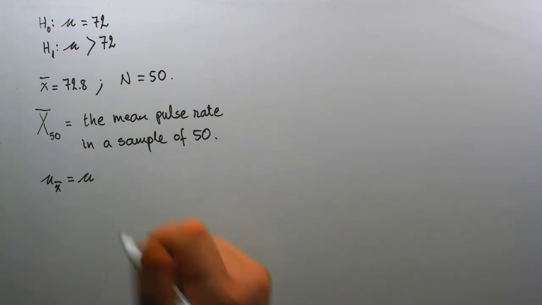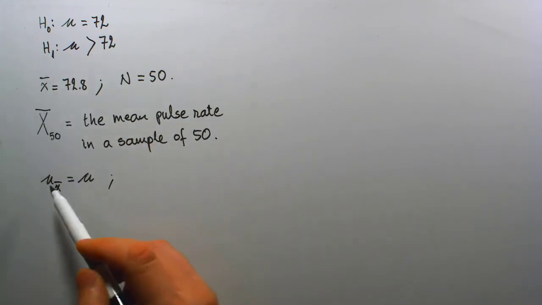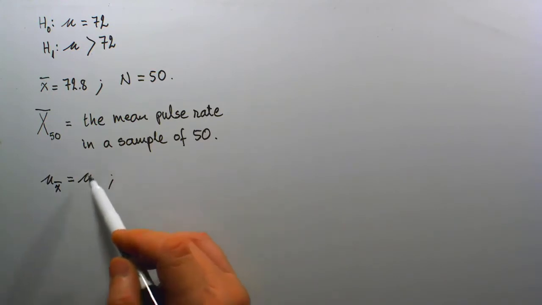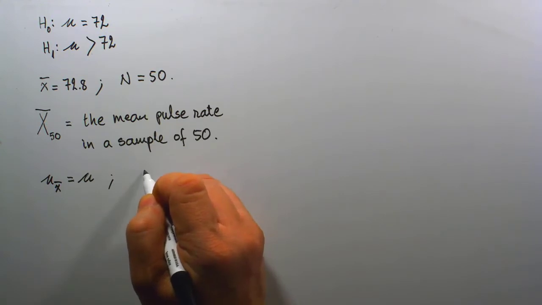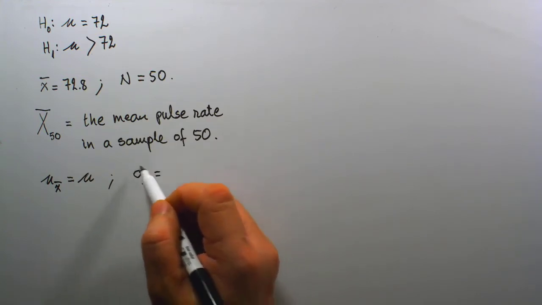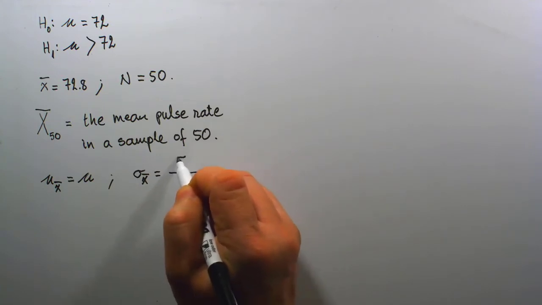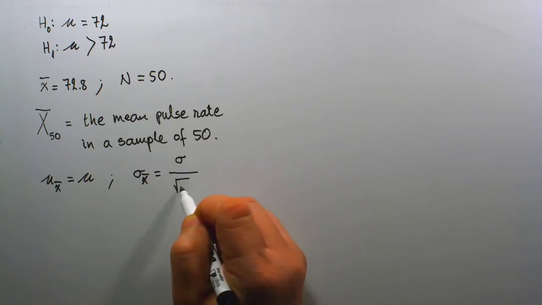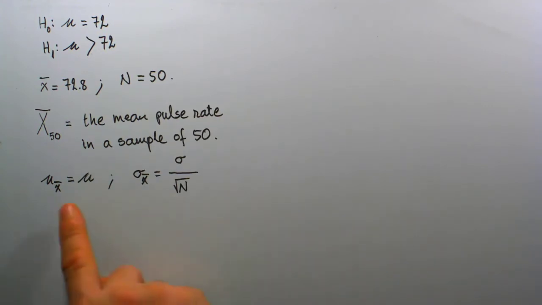And since we have infinitely many sample mean values out there, with mu X bar as the center of all sample mean values, the standard deviation of all sample mean values, understood as the average spread of all sample mean values, can be found by sigma divided by the square root of the sample size. These are what we have learned from the central limit theorem.